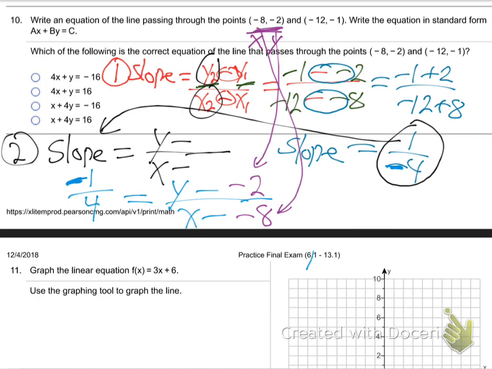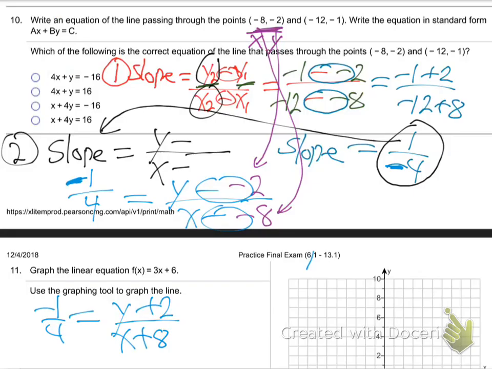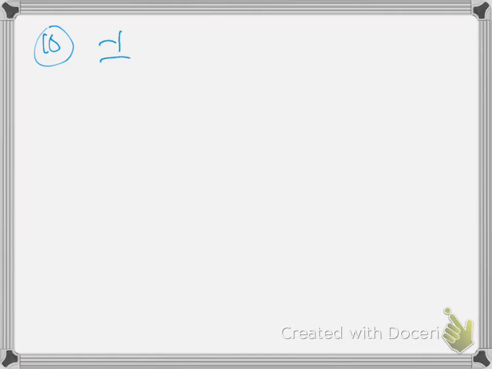And so let's simplify that now. That's minus 1/4 is y double negative plus 2 double negative over x plus 8. We're getting close. Let's go to a fresh screen now. This is wrapping up number 10. Minus 1/4 is y plus 2 over x plus 8.